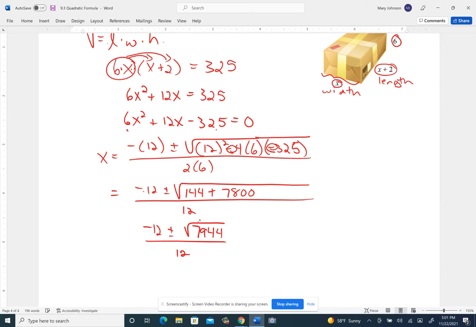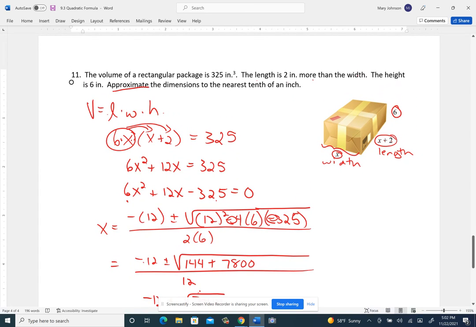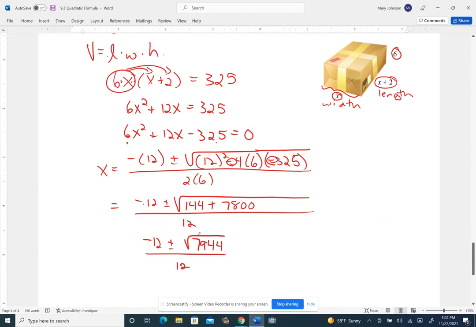And then I have no idea whether that's a perfect square or not. And besides that, when you look at this up here, it said approximate the dimensions to the nearest tenth of an inch. What that's trying to tell you is do not take this and start breaking it down, right? You don't need to do that. You're allowed to approximate it to the nearest tenth of an inch. So just do the square root of 7944 on the calculator.